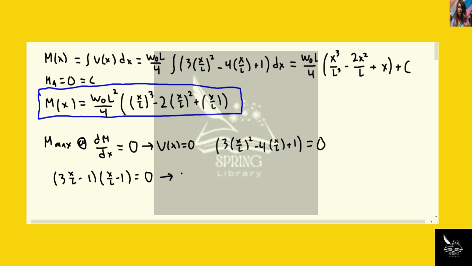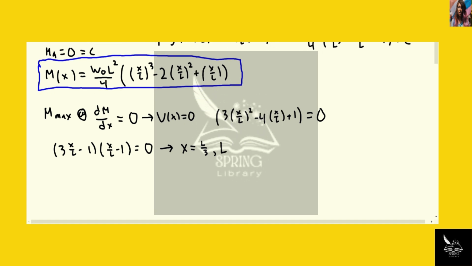We've got x equal to L over 3 and x equal to L. So we just need to examine those two cases to find which gives the maximum for M.